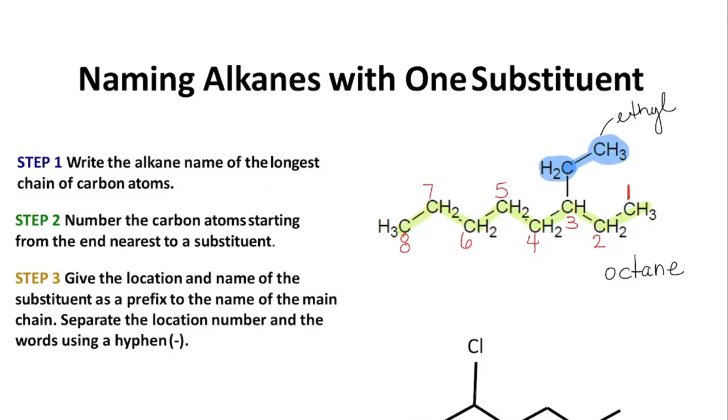So as a prefix of my parent chain, I'm going to give the name of the substituent, ethyl, and its location, which is 3. So the name of this compound is 3-ethyloctane.